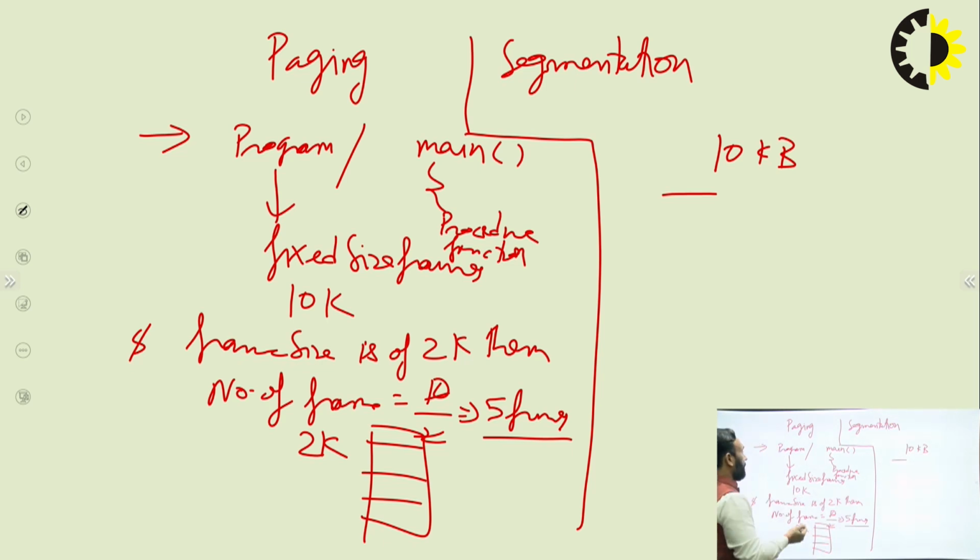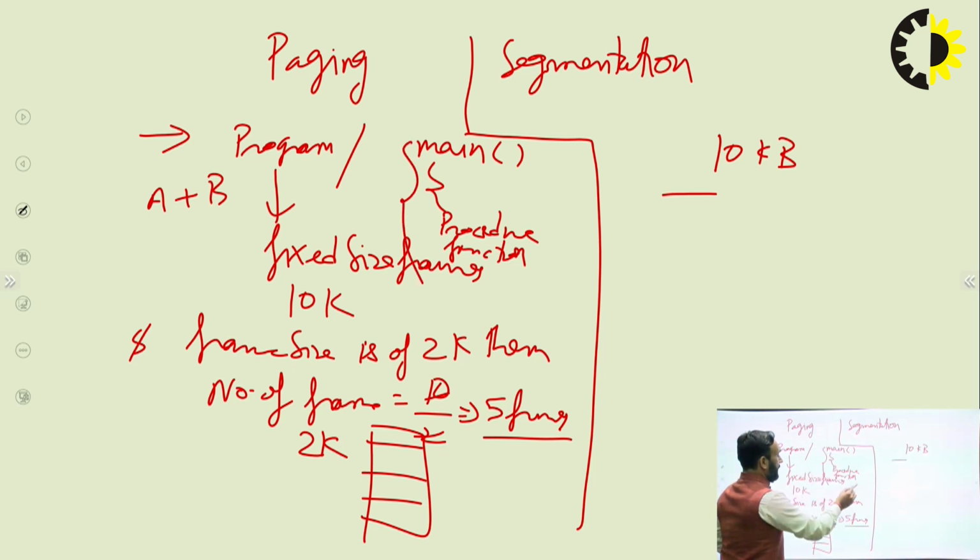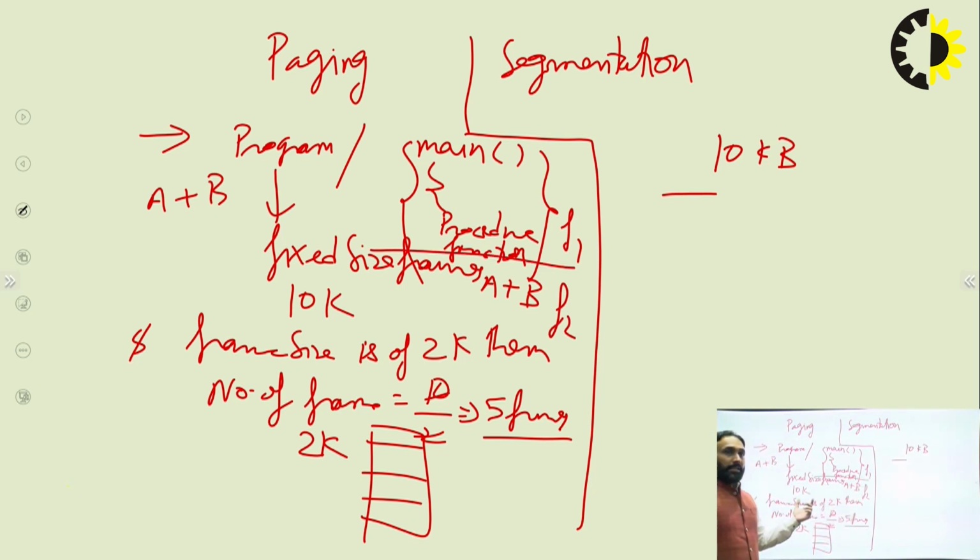For example, we are performing A plus B, and the value of A will lie in F1 and the value of B will lie in F2. It is a machine approach, in which we do not do any dynamic division as per user requirement. It will divide the program into fixed chunks of 2K. So what is the drawback? One part lies in F1 and the second part lies in F2.